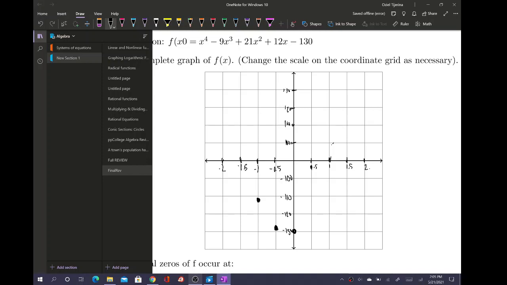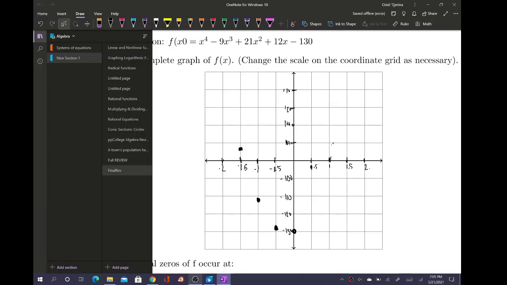And then when x is negative 0.5, y equals negative 65.3, so it'll be probably right here. When x equals negative 2, y equals 18.